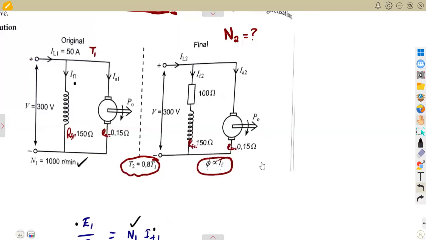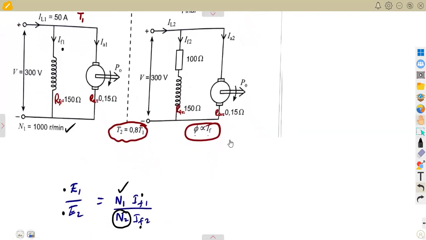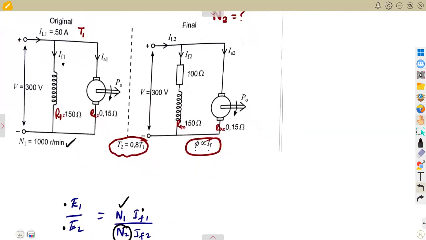All right, so let us see what is easier from the original circuit. What is it that we can calculate from the original circuit? We can calculate the field current, the generated EMF, all these we can calculate. So let us start with the field current. The field current 1, like I say, is the shunt current.